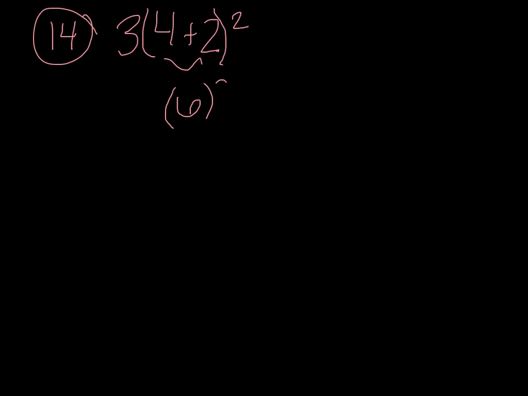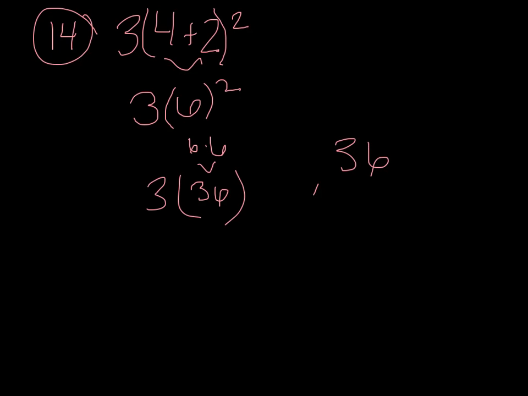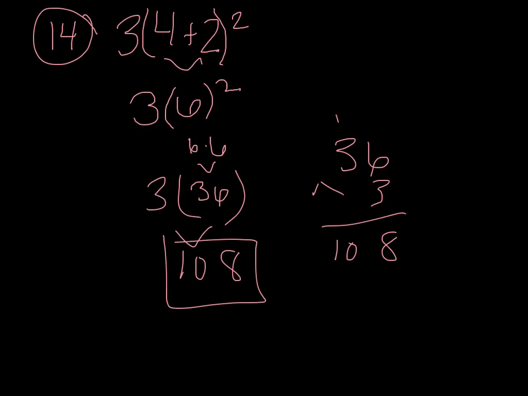Keep my parentheses and the 3 on the outside. Okay, now my next step is exponents. So I need to do 6 times 6, which is 36, times 3. And 36 times 3, 18, 90, 108. Boom, there's our answer.